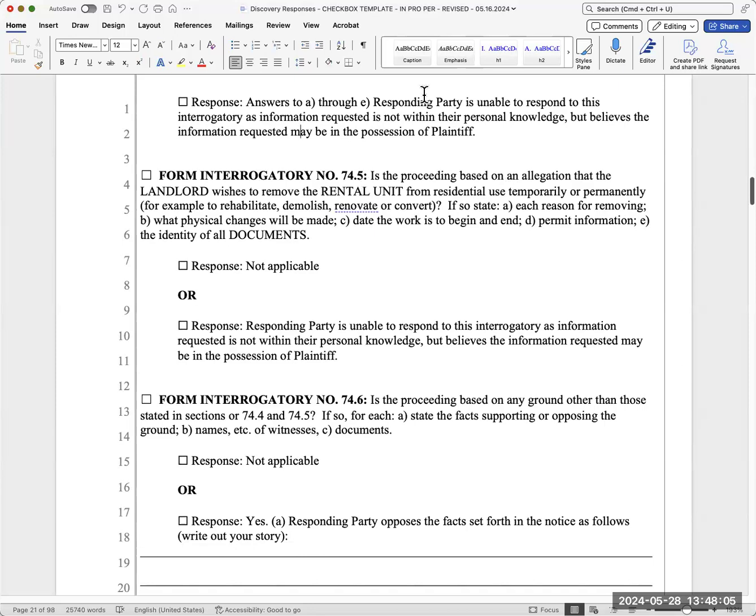If this isn't applicable, the landlord isn't saying, I'm evicting you because I'm doing some major renovations to the unit. If that's not applicable, you check here and only answer if it's checked here. Very often it's not checked. If it is applicable, if the landlord is using this reason to try to evict you, you can consider checking here because most of this information is things that only the landlord would know.